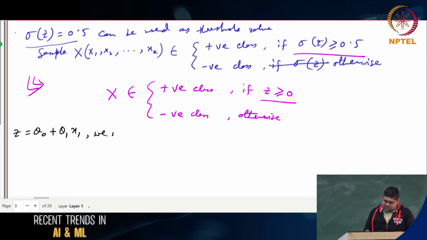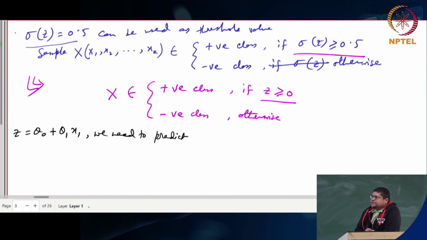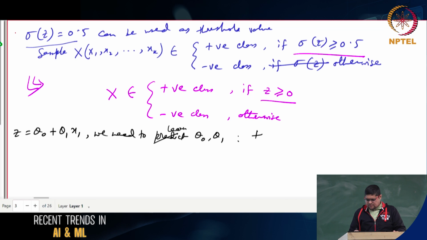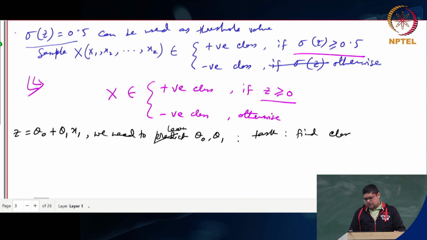The task is we need to predict, or say learn, theta 0 and theta 1, right? Here the task is to find the class boundary.